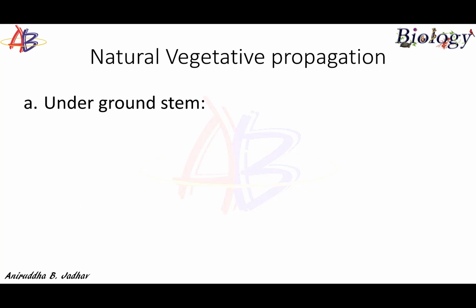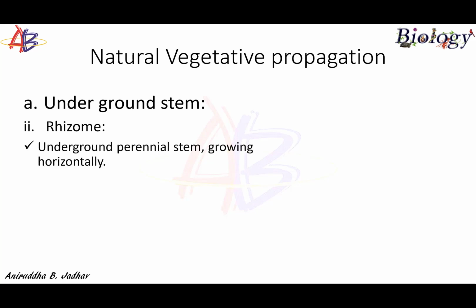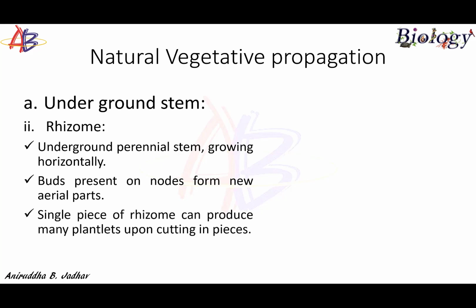The next type of underground stem is rhizome. Rhizome is the main underground perennial stem that grows horizontally, and it is observed in several types of plants. The buds present on the nodes of the rhizome take part in formation of a new aerial shoot during favorable conditions.